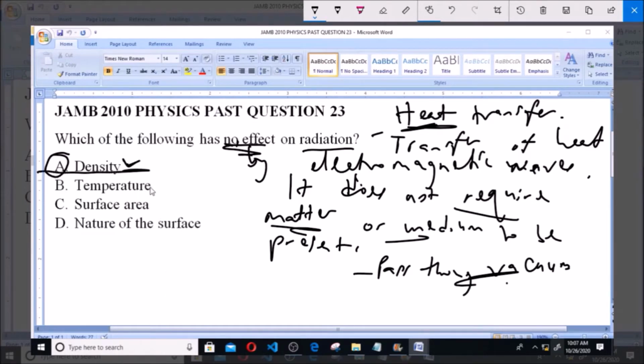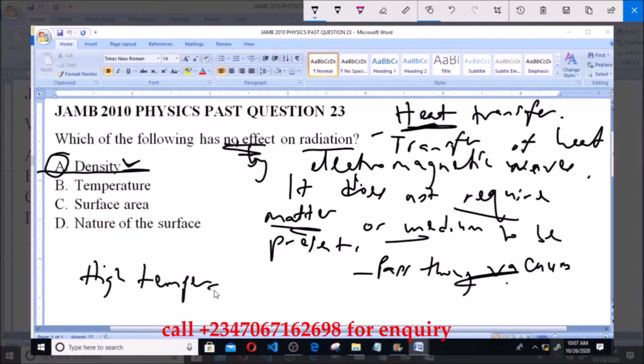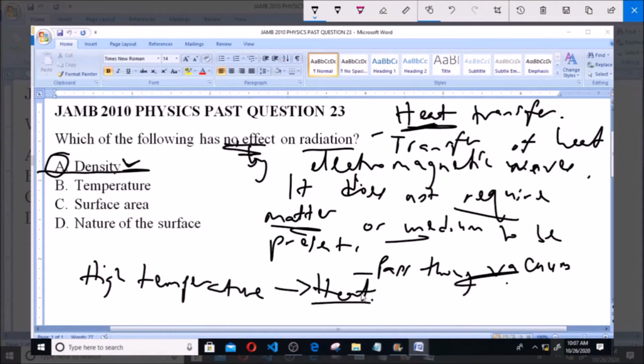Now temperature, of course, has higher effects on radiation, as when you have high temperature, what you have is heat, and the heat can therefore be transferred through radiation. So a hot surface like the sun, you have transfer of heat via this method.